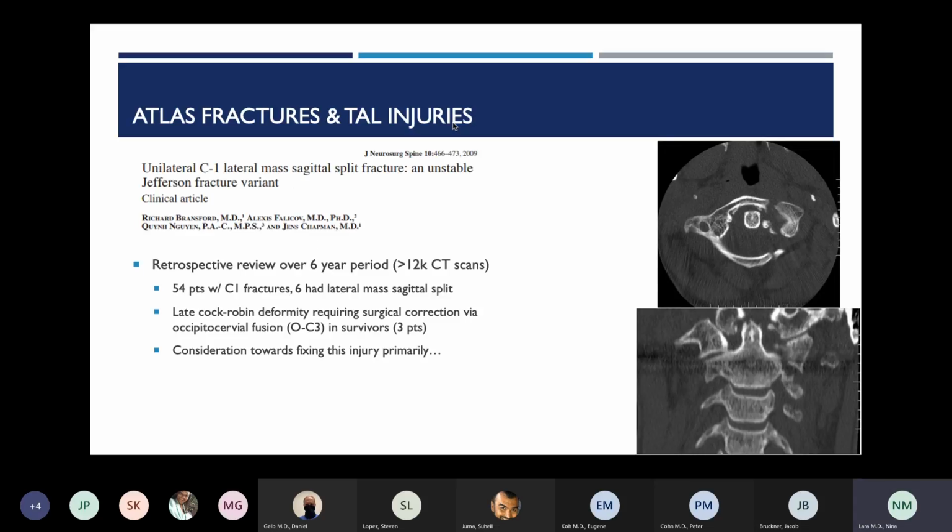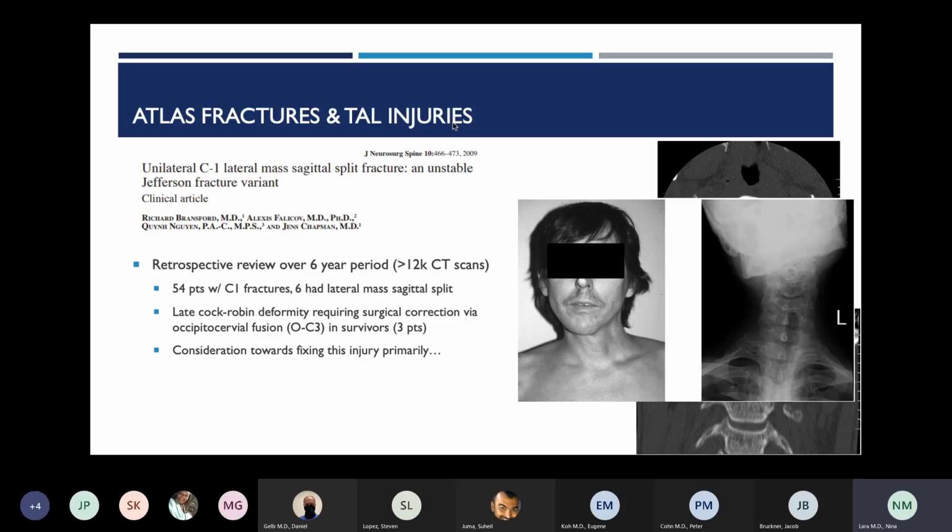So going on to different variants. This study here by Bransford, unilateral C1 lateral mass sagittal split fractures. These are something to be aware of. This has typically been determined to be an unstable Jefferson fracture variant. They did a retrospective review over 6 years and found 54 patients with C1 fractures, and 6 had lateral mass sagittal split fractures.